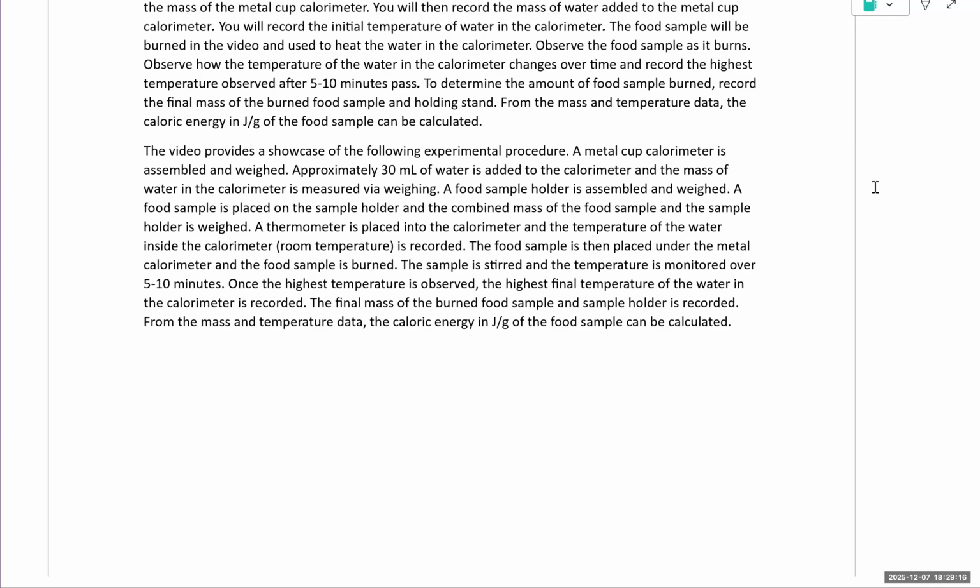A thermometer is then placed into the calorimeter, and the temperature of the water inside the calorimeter is recorded. The food sample is then placed under the calorimeter and burned. The sample is stirred, and we record the temperature as it increases over time. Once the highest temperature is observed, we're going to write down the highest final temperature of water in the calorimeter. The final mass of the burned food sample and sample holder is then recorded.